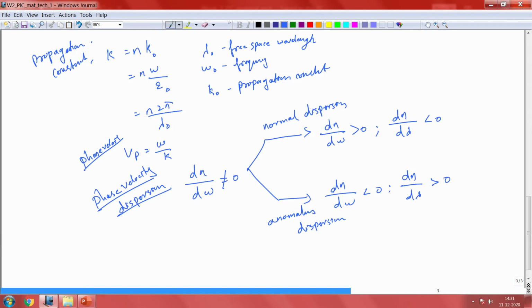So, we are sure that there will be dispersion, and there are two slopes that you can have. You can either have a positive slope or a negative slope. For the positive slope, d n over d omega greater than 0, we call that normal dispersion, and we call it anomalous dispersion if it is less than 0. This is all for a single frequency analysis.